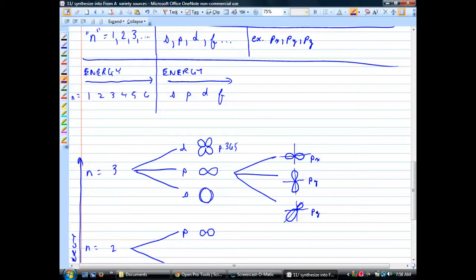Now here's the good news though. The good news is, in terms of energy, P sub x equals P sub y, which is equal to P sub z. And the reason that's good news is because it means that I, as an electron, can easily and instantaneously switch to another orbital in the same sublevel with no energy cost to me at all, which means it can happen spontaneously and all the time.